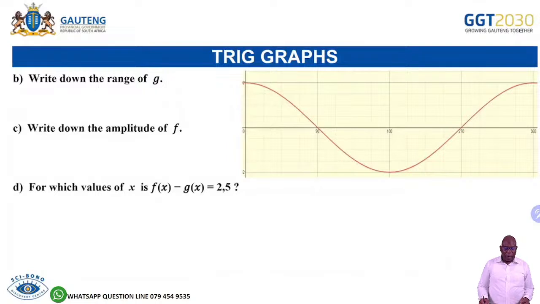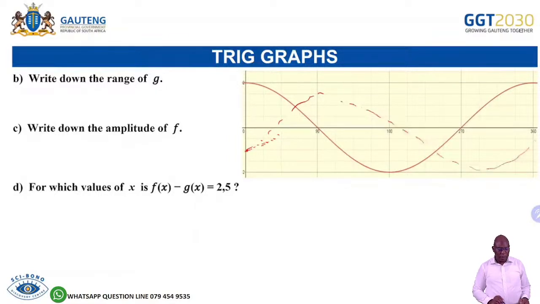Now with the two graphs, they say write down the range of g. Remember the g graph starts there and goes there, and then from there it goes somewhere there. Now they wanted the range of g. So what is the range of g? Remember, the range is the y value.